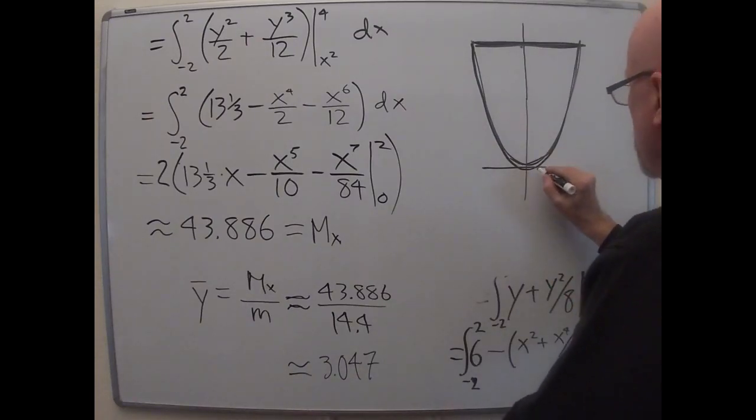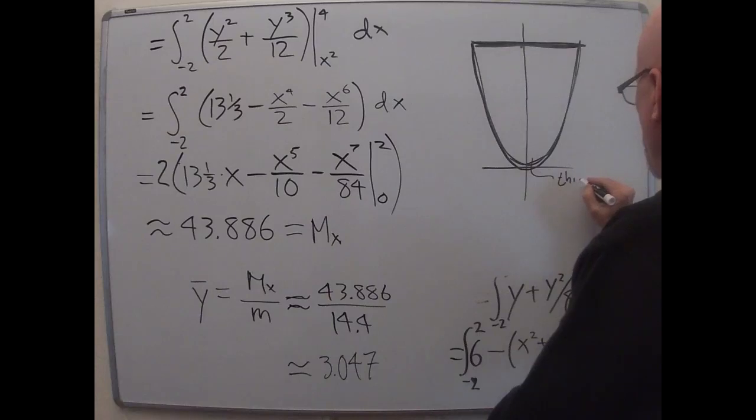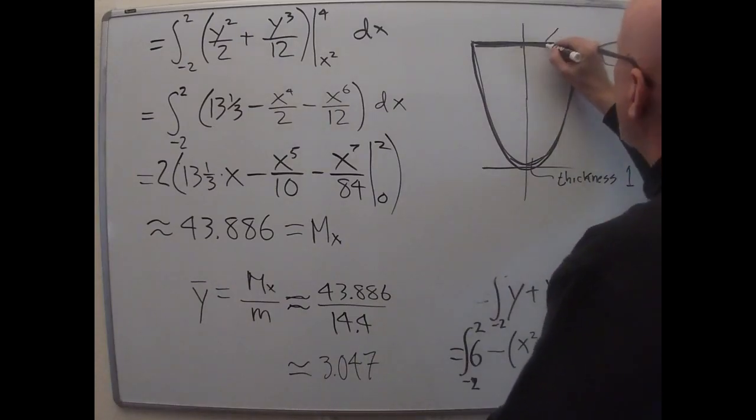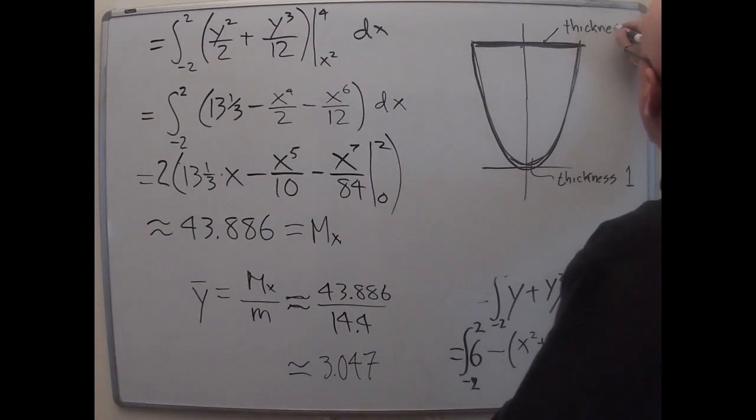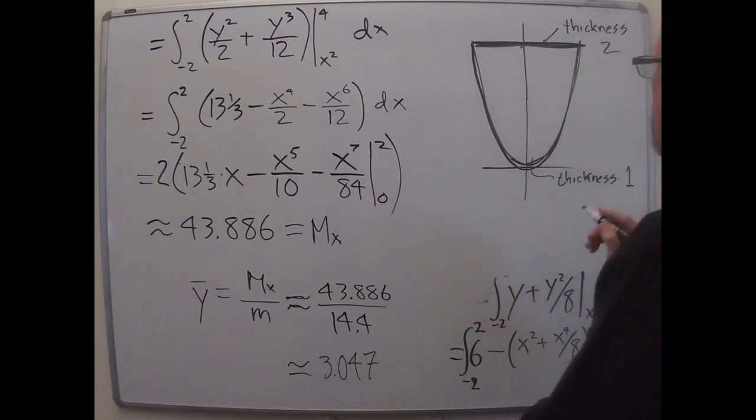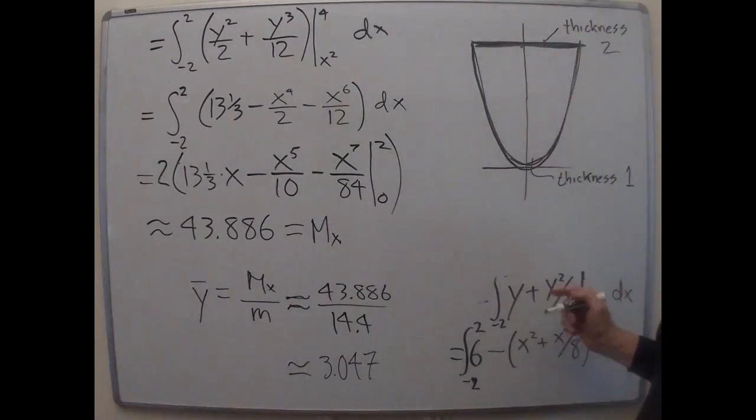Here the thickness was 2, no, 1. Up here, the thickness was 2. So it's getting bigger as we go up.